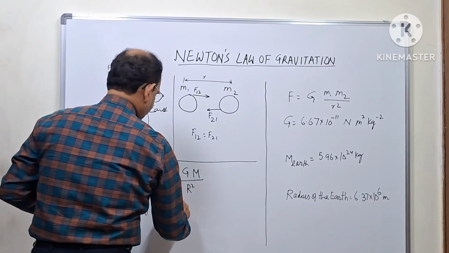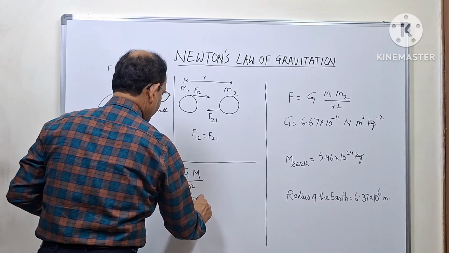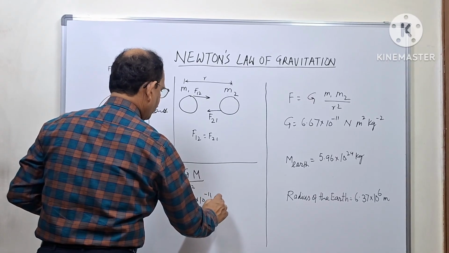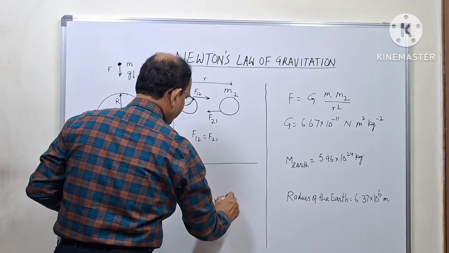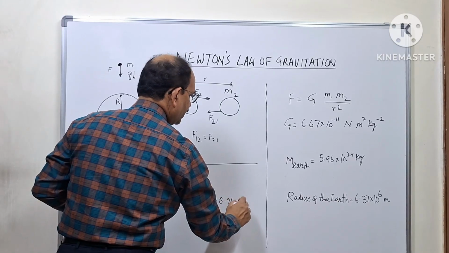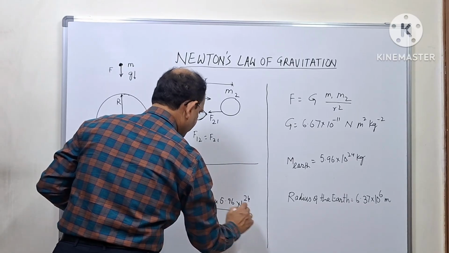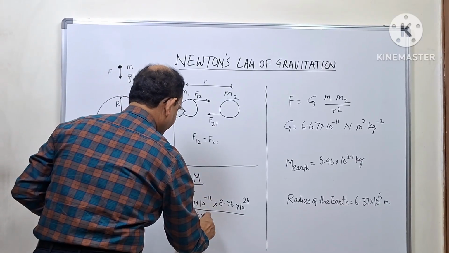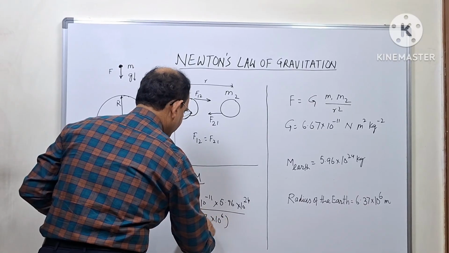We know that capital G is 6.67 into 10 to the power minus 11, multiplied by the mass of the Earth, which is 5.96 into 10 to the power 24 kg, divided by the square of the radius of the Earth, which is 6.37 into 10 to the power 6 meter.